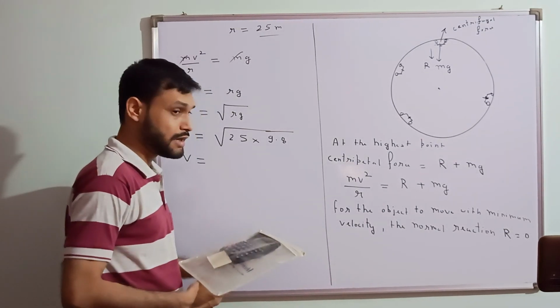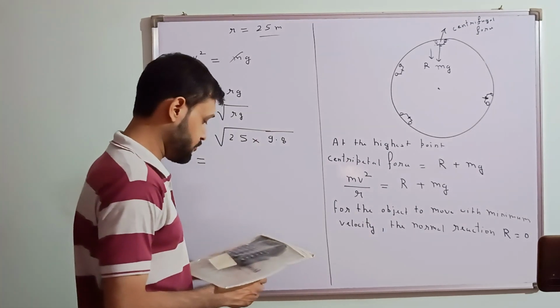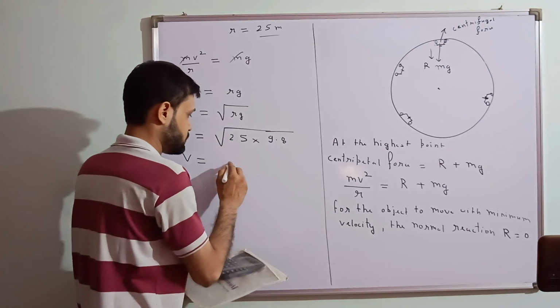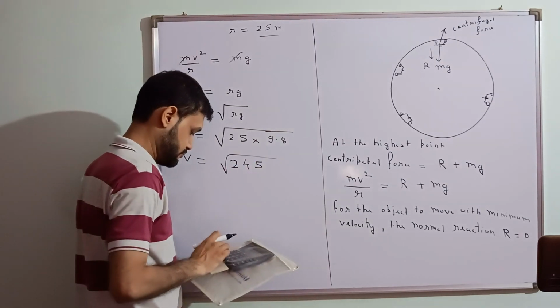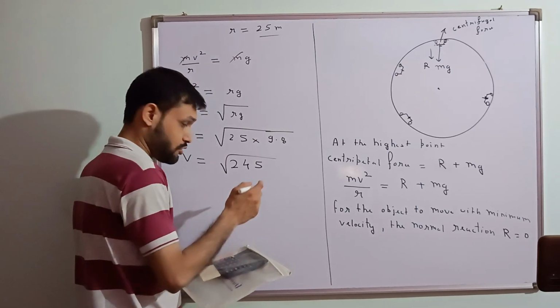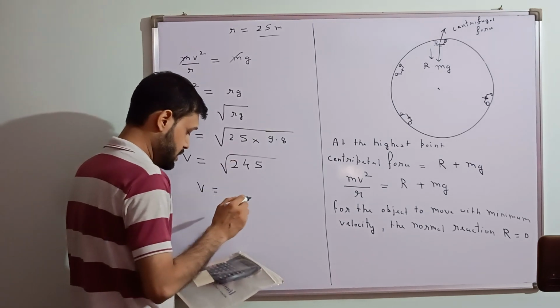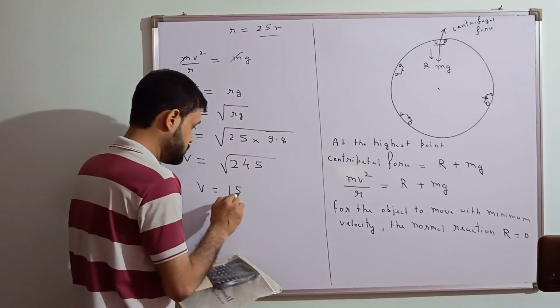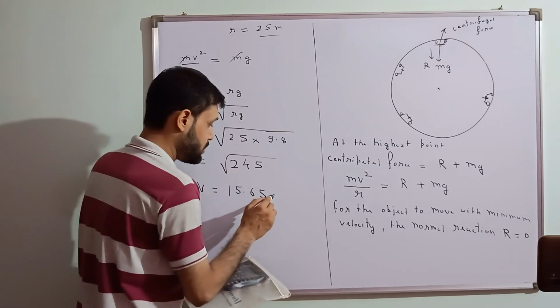How much are we getting? We are getting 245. So under the root 245. So this is the value. If I solve the under root, I will be getting 15.65 meter per second.